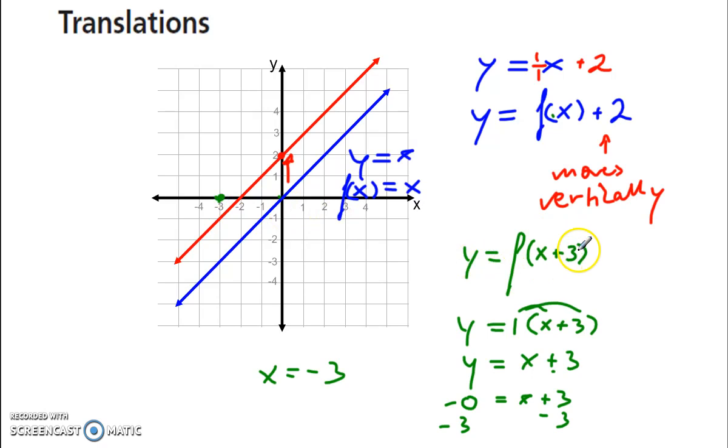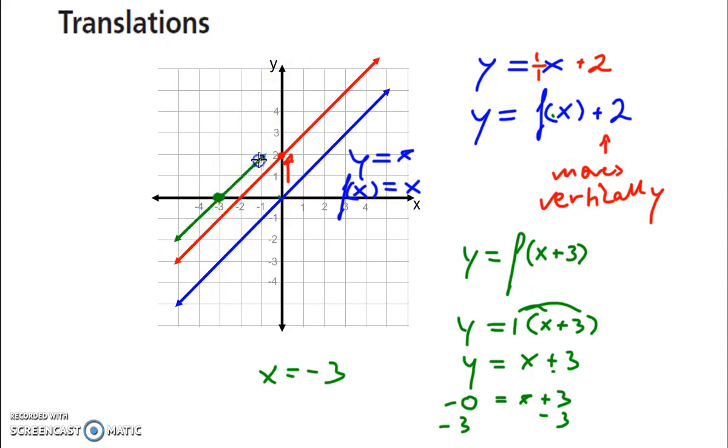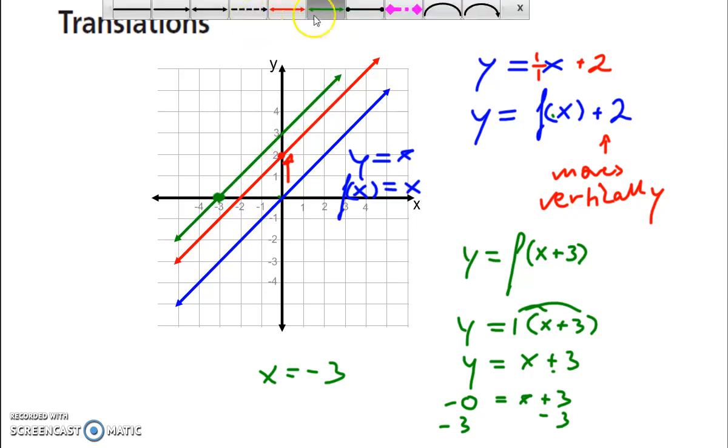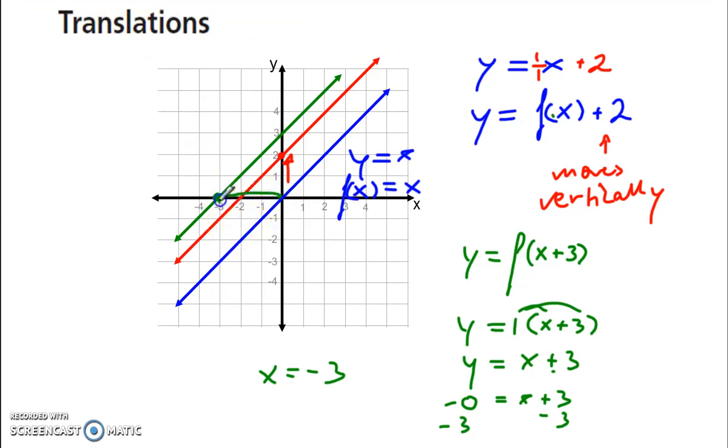Because we changed something about the x, that's why we're investigating the x-intercept, which is now negative 3. So the new graph goes through the x-intercept, negative 3. We moved from the original left 3. By adding 3, we moved left 3.